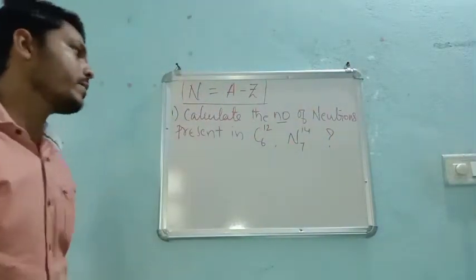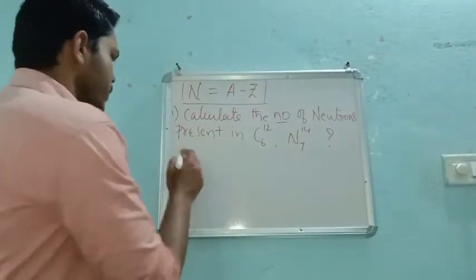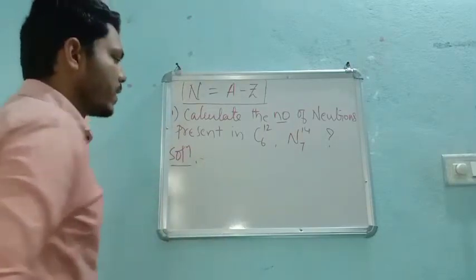For 2 marks. If they ask like this, what we need to do is very simple. You go directly to the solution, and then we can calculate.